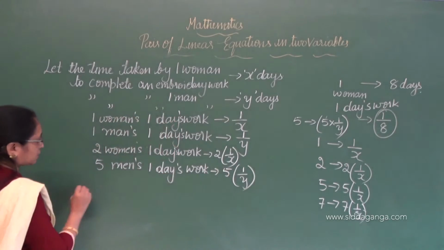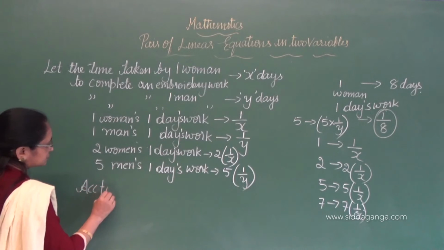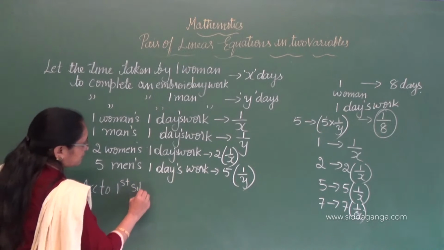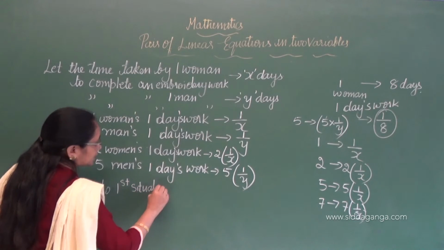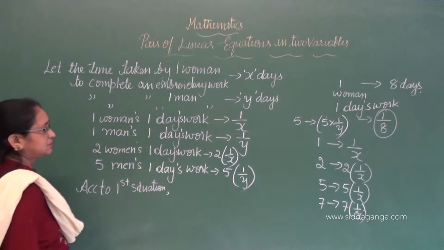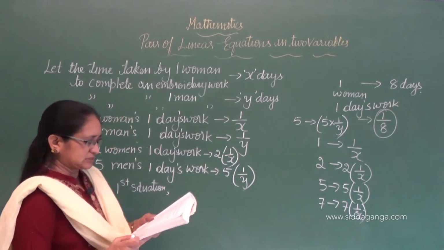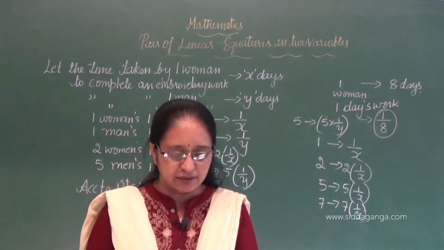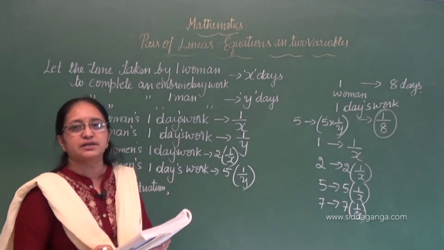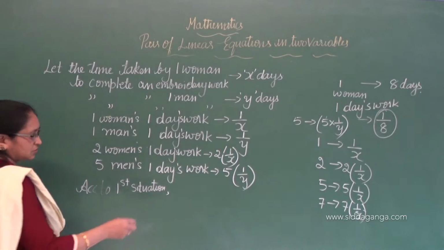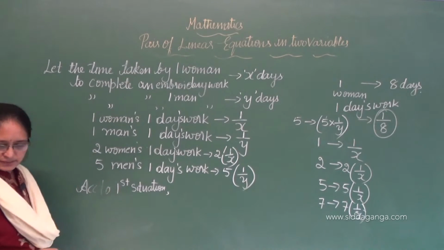Now, according to the first situation, what happens? Once again you read: 2 women and 5 men together, how many days do they need to complete it? 4 days they need, correct?